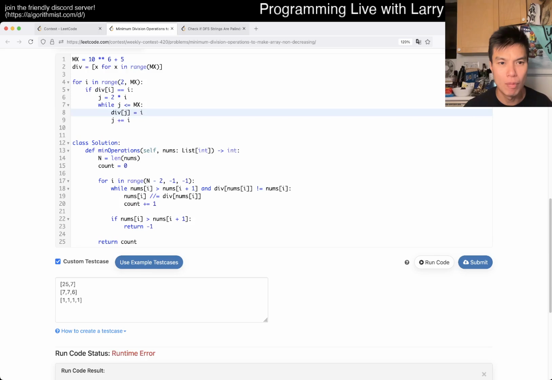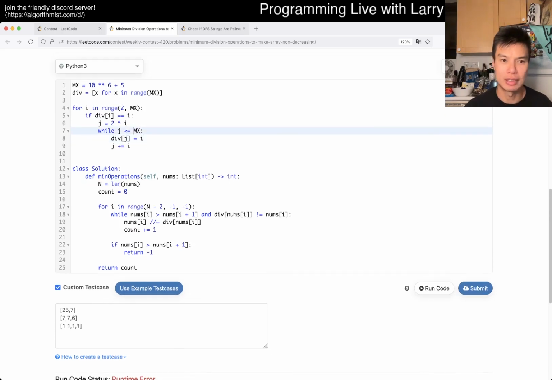Out of bound. Yeah, because it's not supposed to be.